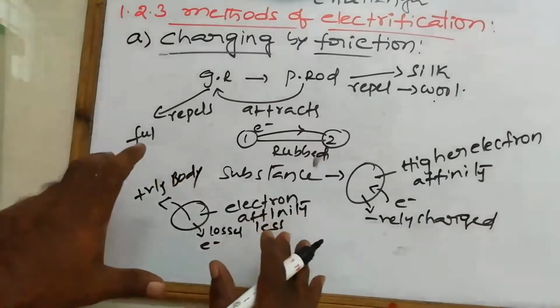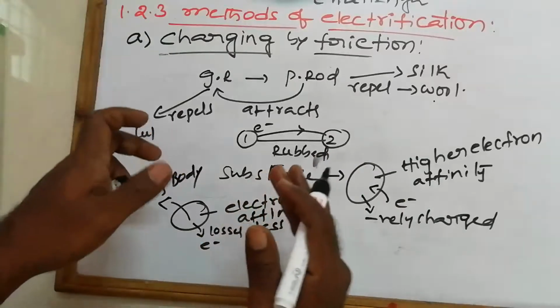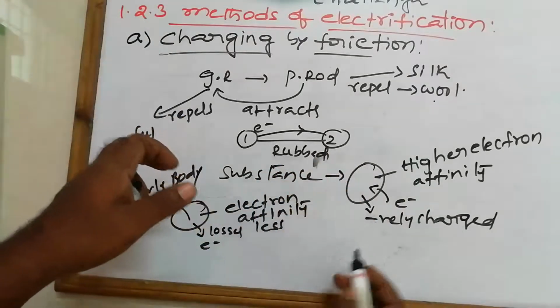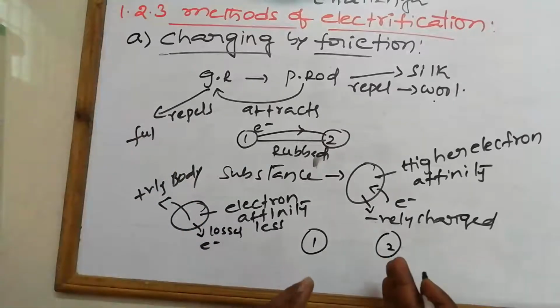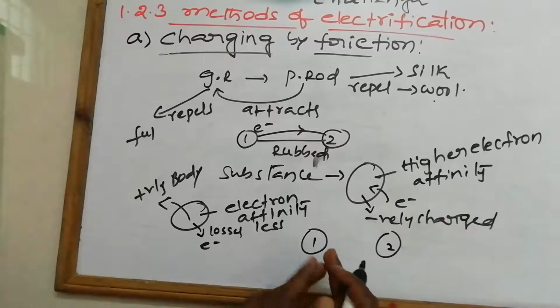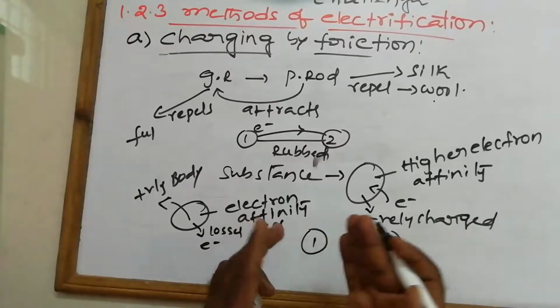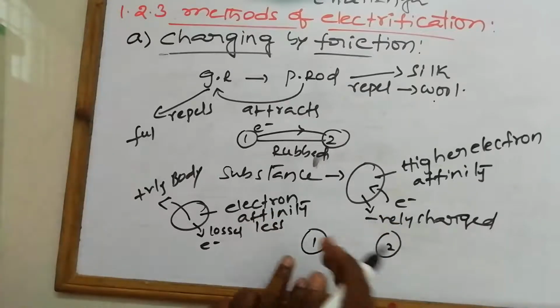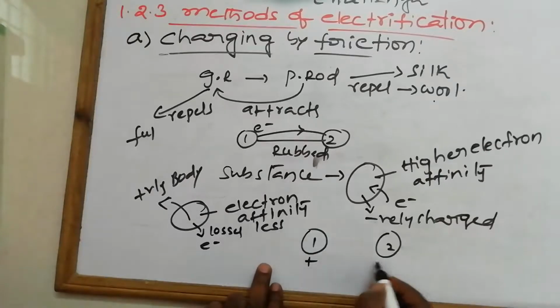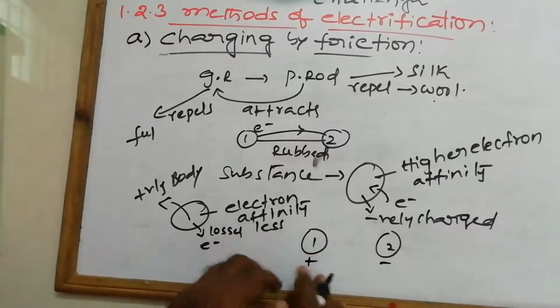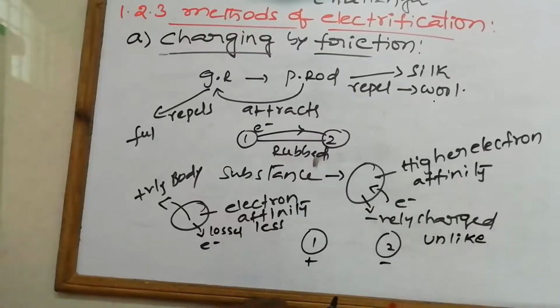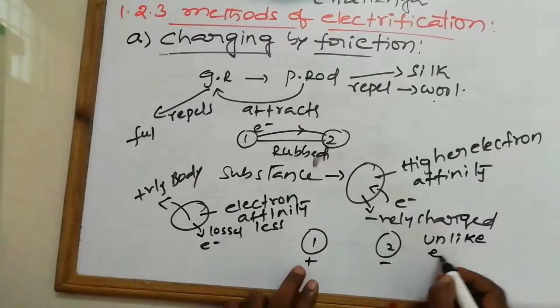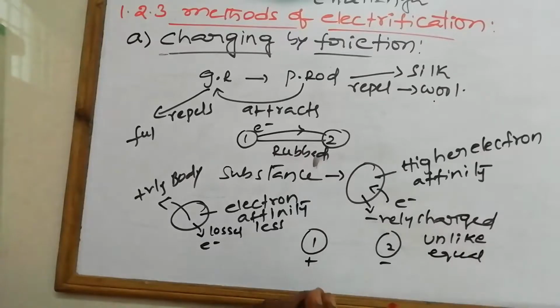So in this method, when the bodies are charged by friction, body 1 and body 2 are rubbed against each other. The bodies get charged by friction through transfer of electrons from one body to another. One body gets a positive charge and the other gets a negative charge, meaning unlike charges. By friction the two bodies get unlike charges, but those charges are equal.